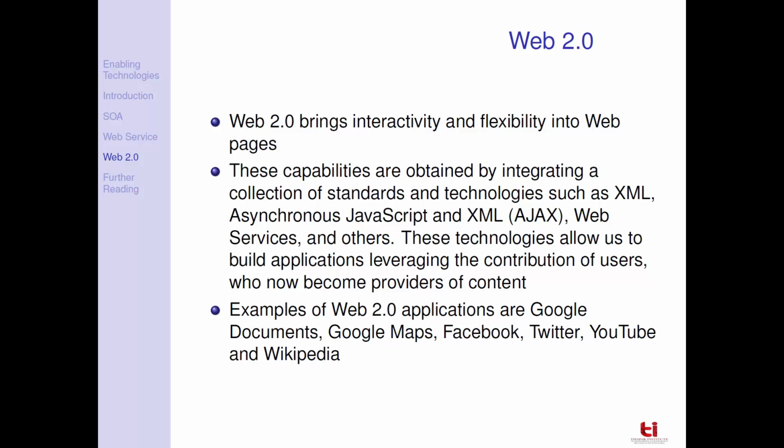So in today's lecture, we understood what a service is, and what a service-oriented architecture is, which is an architectural style that thinks in terms of services. Then we saw that web service is a technology for implementing service-oriented architecture.